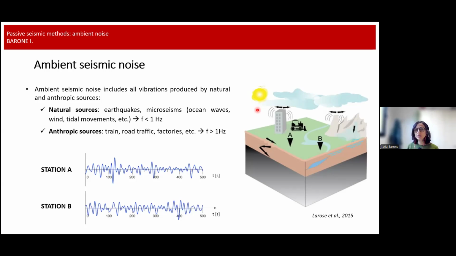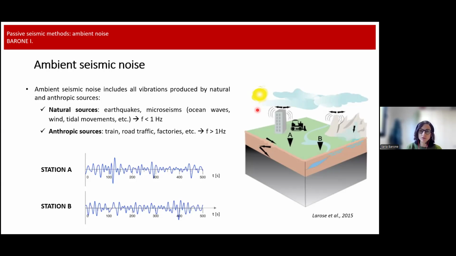Natural sources generally produce very low frequencies, below 1 Hertz.